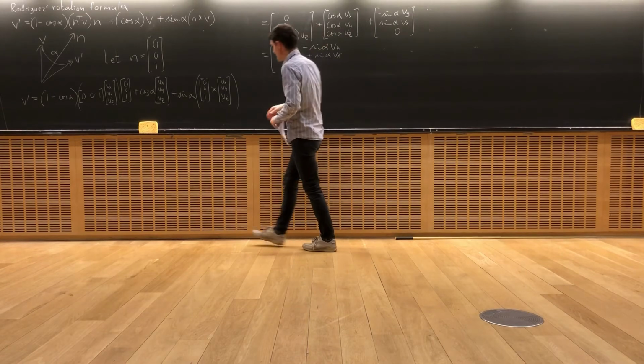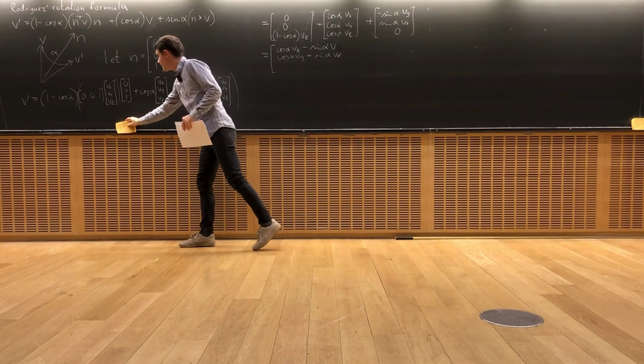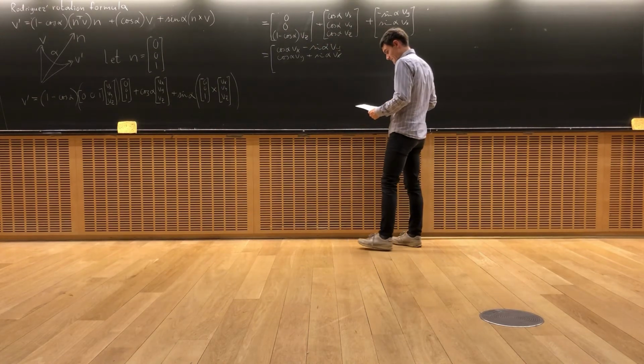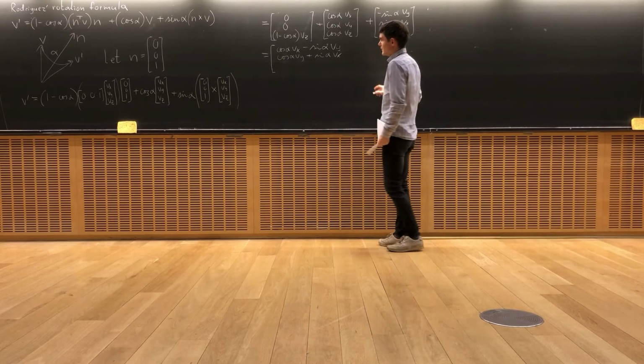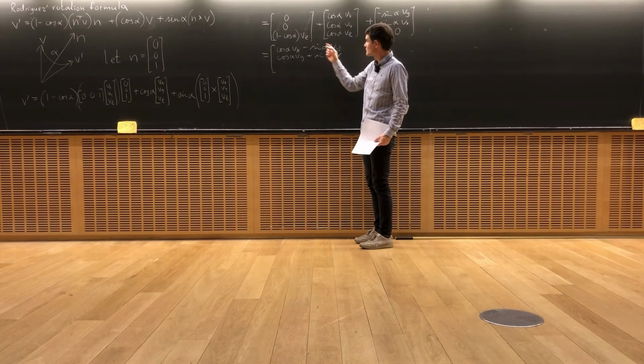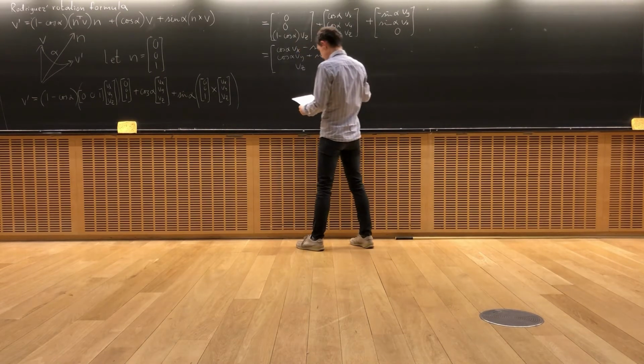This should have been y over there. And for the last element, I have vz, cosine and 1 minus cosine, so I end up with just vz.